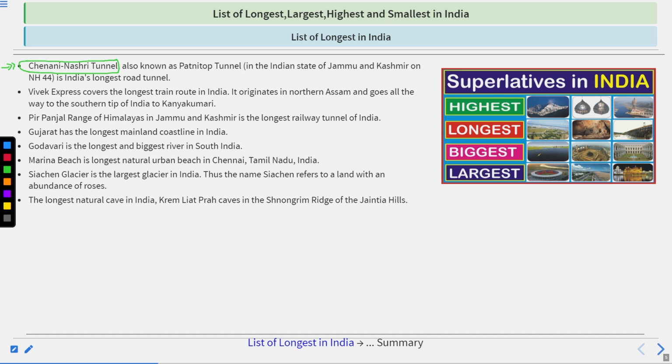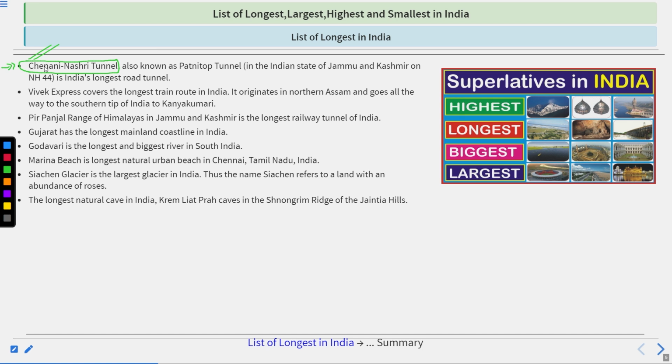And in your recalling capacity, if you recall it as Chennai Nashri Tunnel, automatically your hand will go to the southern states because Chennai is the capital of Tamil Nadu, which is a southern state. Okay. But if you remember the name correctly, Chenani Nashri, then you will have a chance to mark the correct answer.